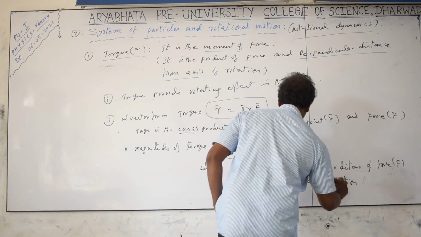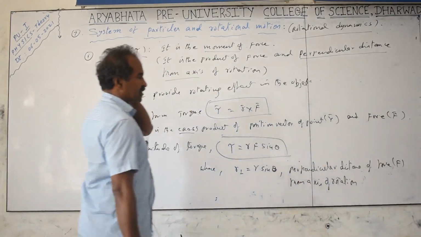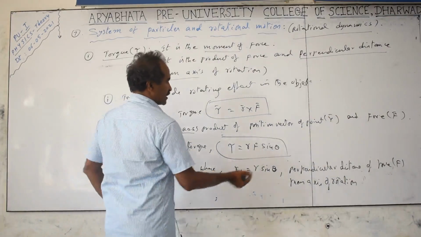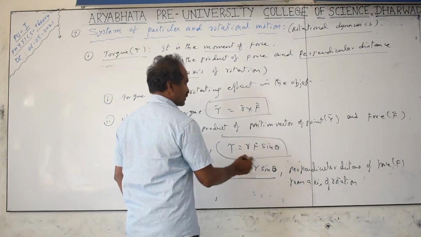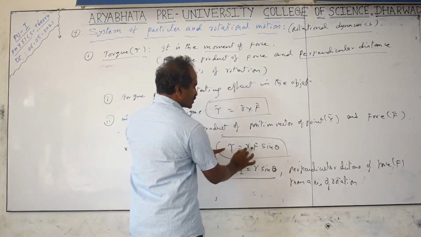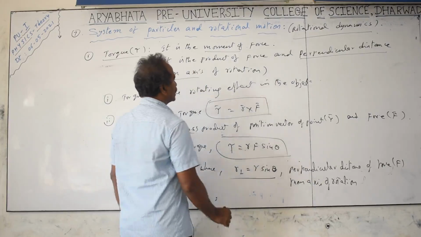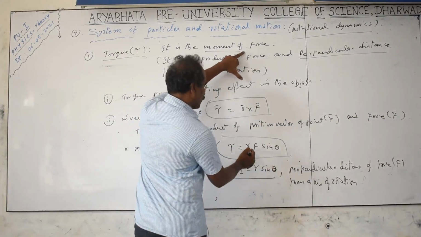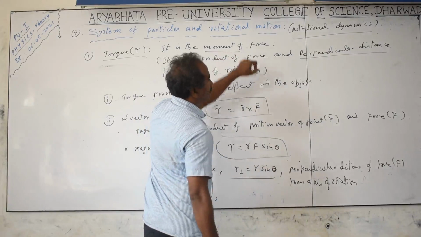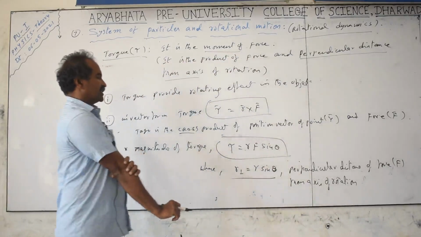This becomes equal to the rotation radius also, but it need not always be the radius of the circle. Just at the instant you are applying the force, where it is applied is important. R sin theta is the perpendicular distance, so torque is nothing but force into perpendicular distance. That means the moment of force. R sin theta is the moment distance, and into force F becomes the moment of force. Force into perpendicular distance is called torque.